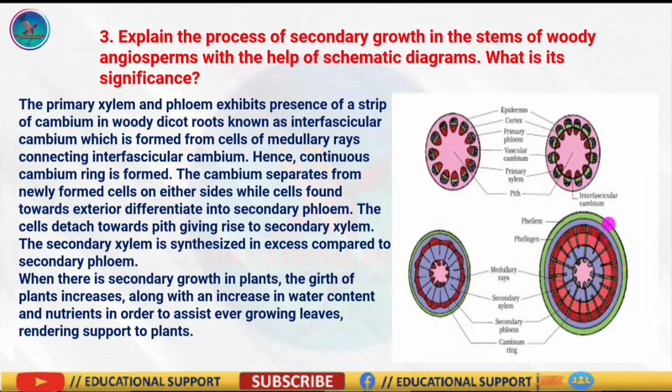These parenchyma cells of rays produced by the vascular cambium in between the secondary xylem and secondary phloem are called secondary medullary rays. These are usually one or few layers in thickness and 1 to several layers in height. So this is a figure of stages of secondary growth in a woody stem.